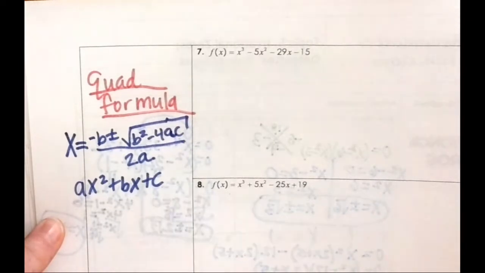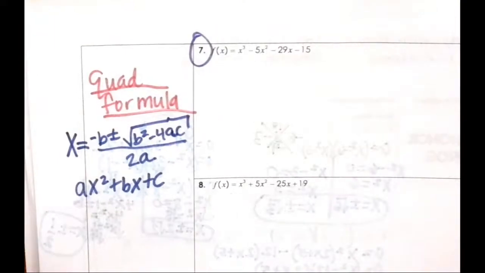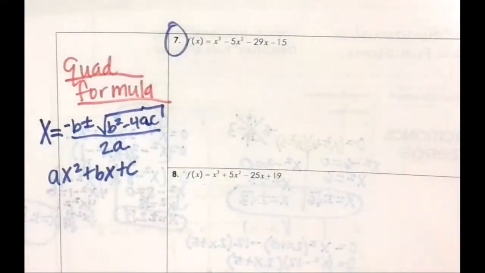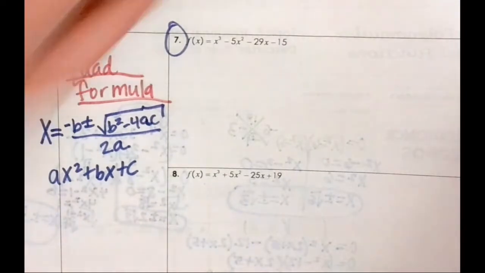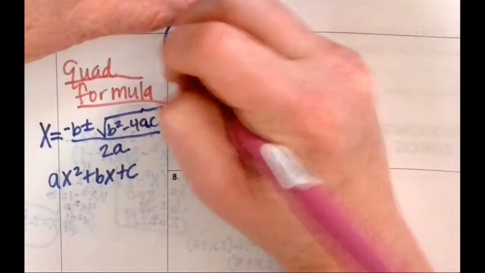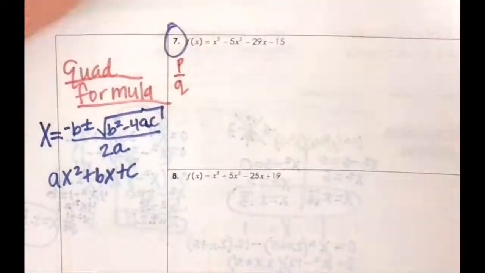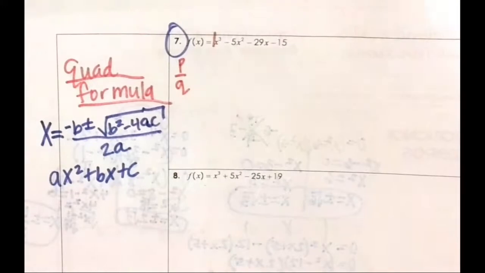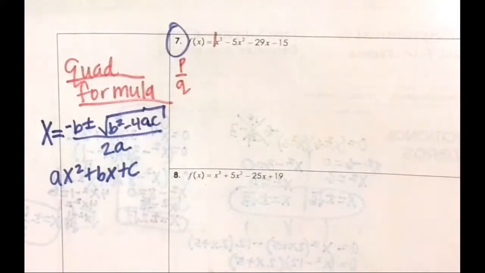So, because of that, let's just go to 7, and that'll be enough. But just so you know, you might have to use the quadratic formula for some on your homework. All right. Let's write what P over Q is. And again, if Q is 1, which it is for most of these, it's really just going to be plus minus the factors of P. Okay?